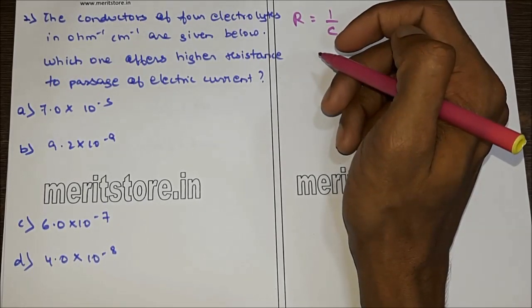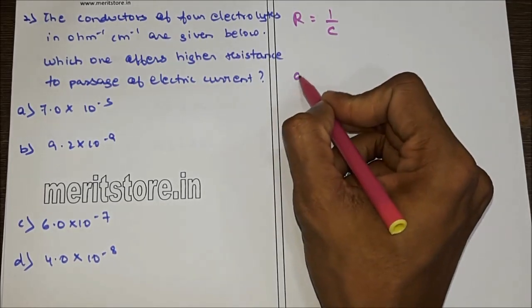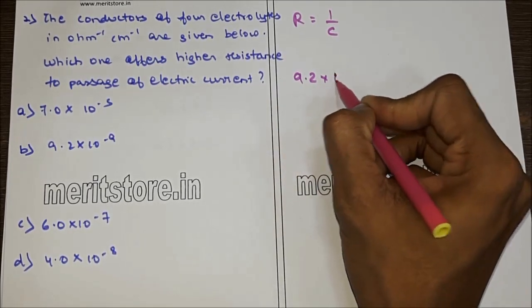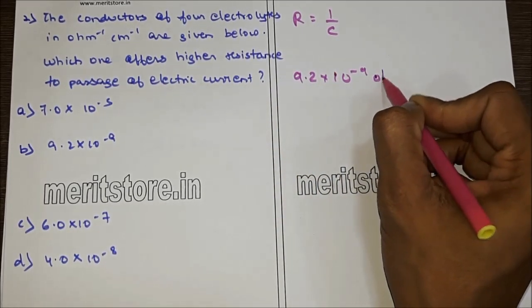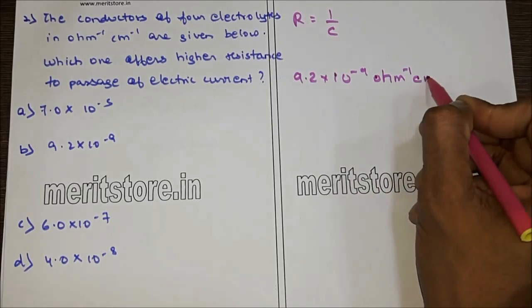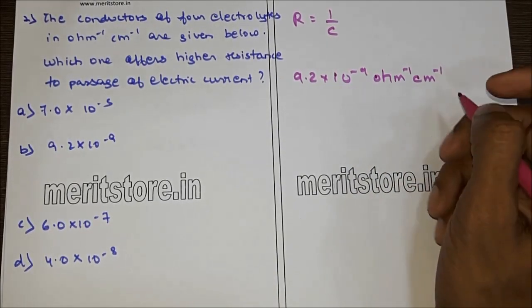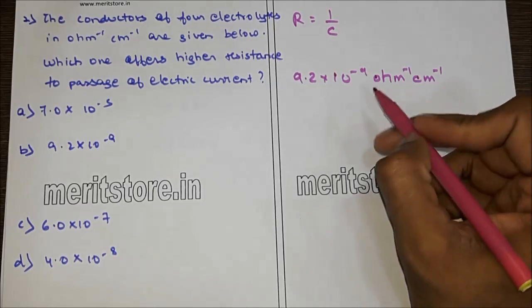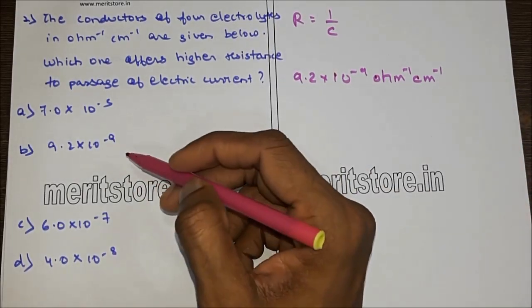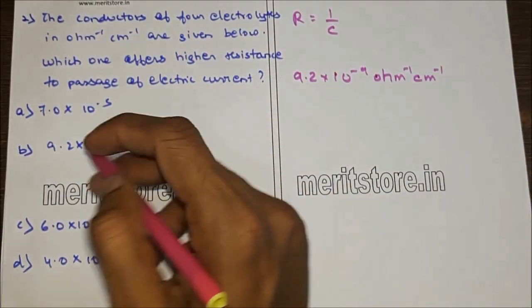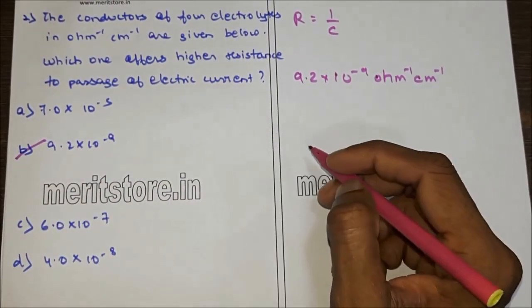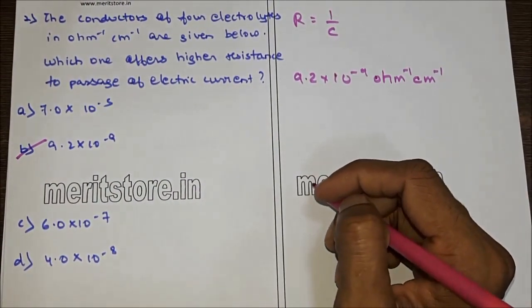The electrolyte with the lowest conductance of 9.2 into 10 raised to minus 9 per ohm per centimeter will offer higher resistance. That is option B, 9.2 into 10 raised to minus 9, the correct answer.